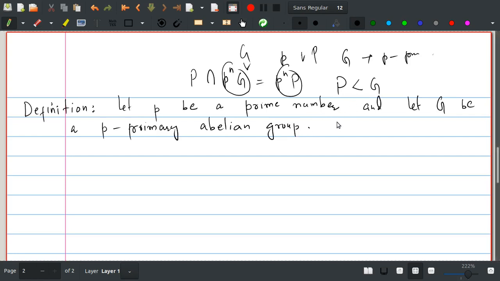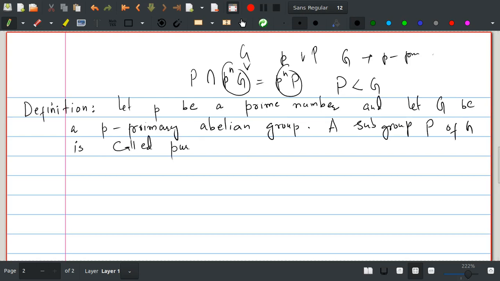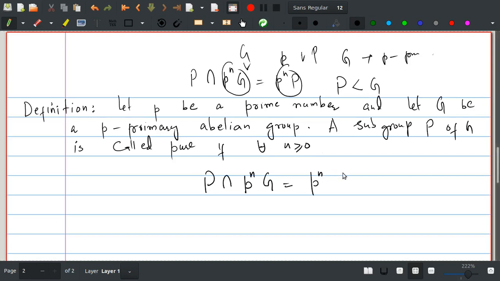A subgroup P of G is called pure if for all n bigger or equal to 0, this intersection P intersection p^n G is p^n P. So if this is the case, then this P is said to be pure.